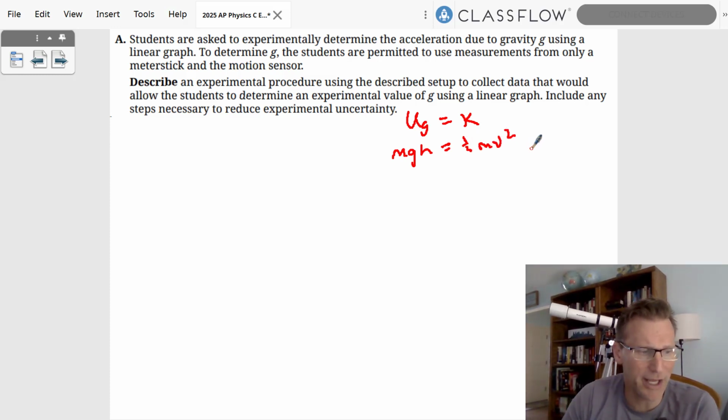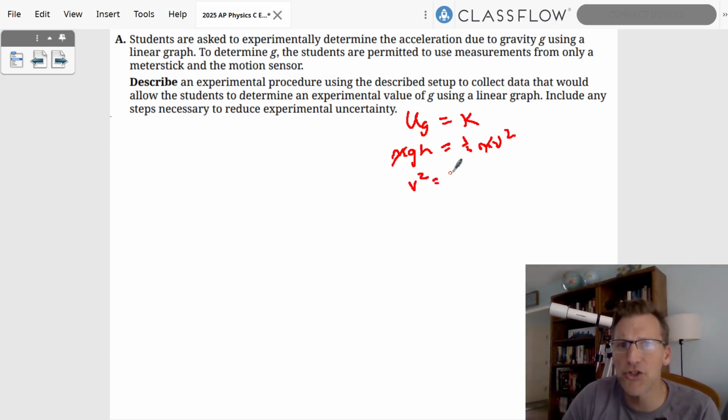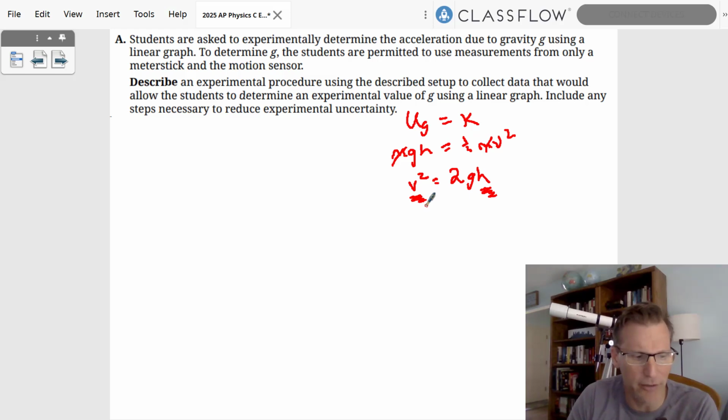The masses cancel out, which means v squared is equal to, multiplying the 2 to this side, 2gh. I have my independent variable right here of height. I have my dependent variable right here of velocity squared.